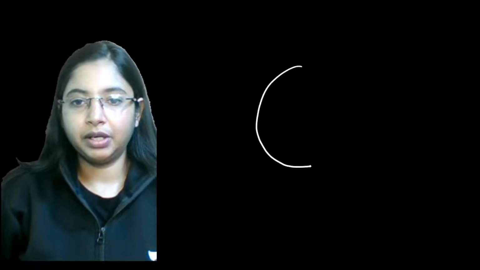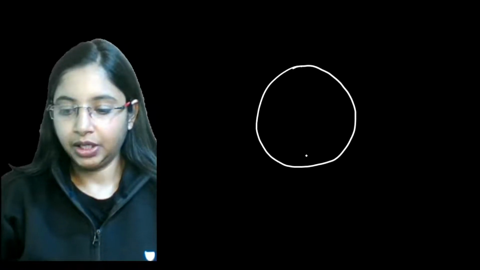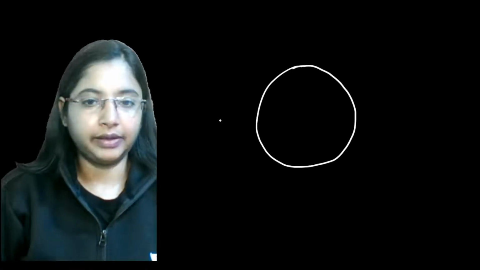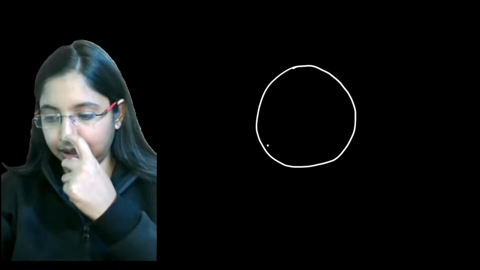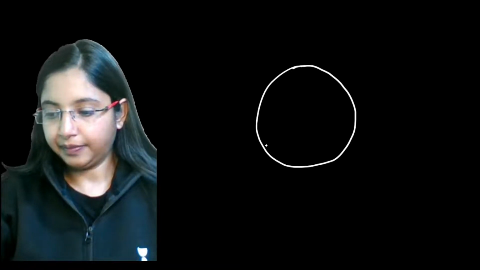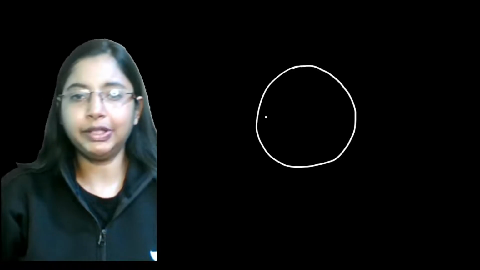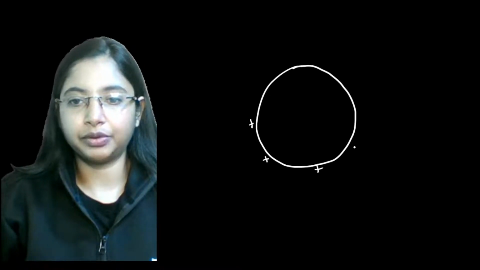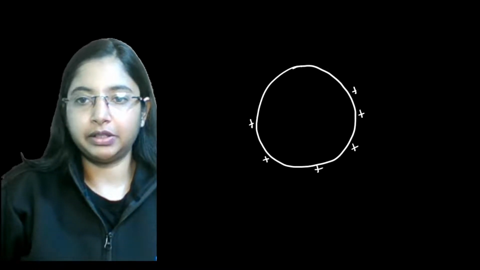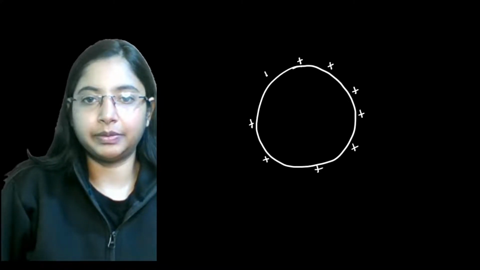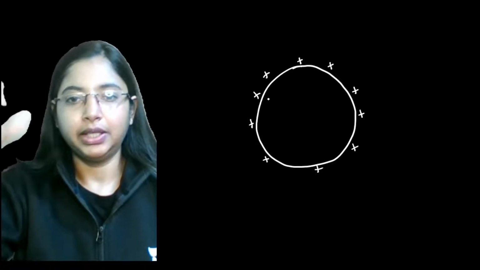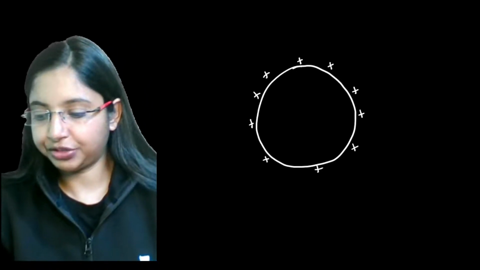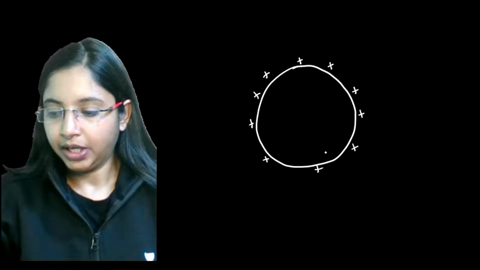Okay, now very simple. Let's say we have a capacitor, but it's a spherical capacitor. In this particular spherical capacitor, there is charge distributed uniformly around the sphere. Think of it like a ball, and on the surface there is charge distributed uniformly.